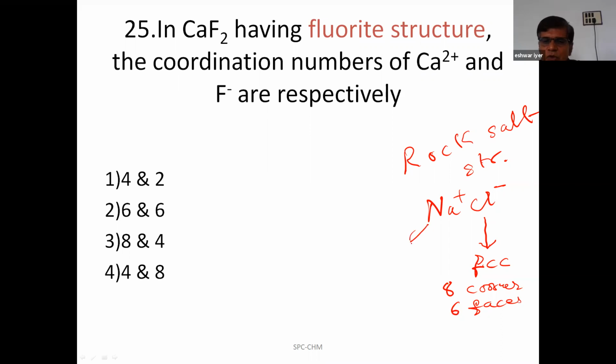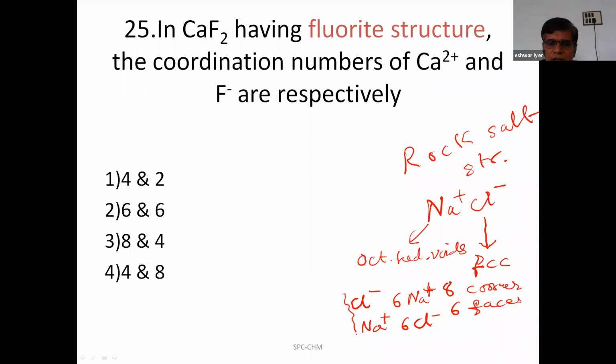Then where do Na plus ions go? They fill all the octahedral voids. So how do we get the coordination number? Every Cl minus is surrounded by 6 Na plus from the octahedral positions, and every Na plus is surrounded by 6 Cl minus. So the coordination number is 6 and 6, giving the 1:1 ratio.